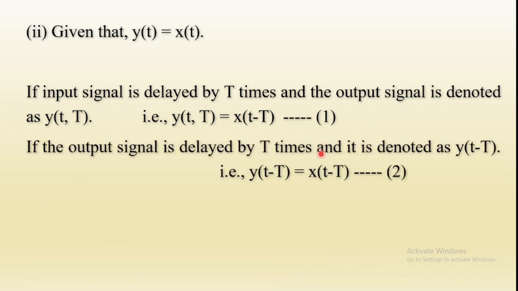Second step: if the output signal is also delayed by the same amount of time, capital T, the output of the system is represented as y of t minus capital T.